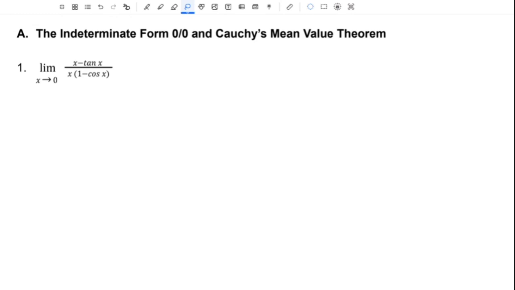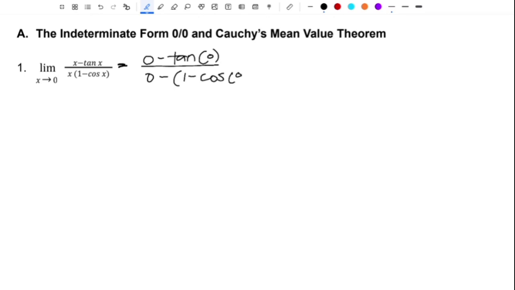So how do we do that? We will do it by applying the limit, substituting 0 for our x. So we will get 0 minus tangent 0 over 0 times 1 minus cosine 0.